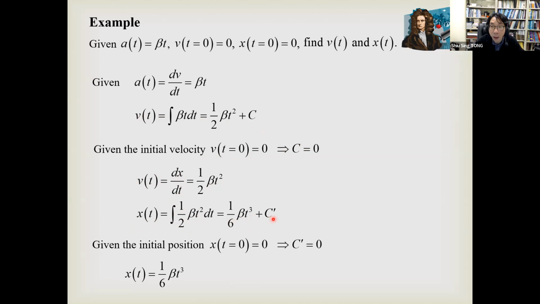And don't forget, I have an integration constant, which I call c prime. Because my motion starts at the origin, at time 0, x is 0, and so c prime is also 0. And so eventually I get x equal to 1/6 beta t cubed.